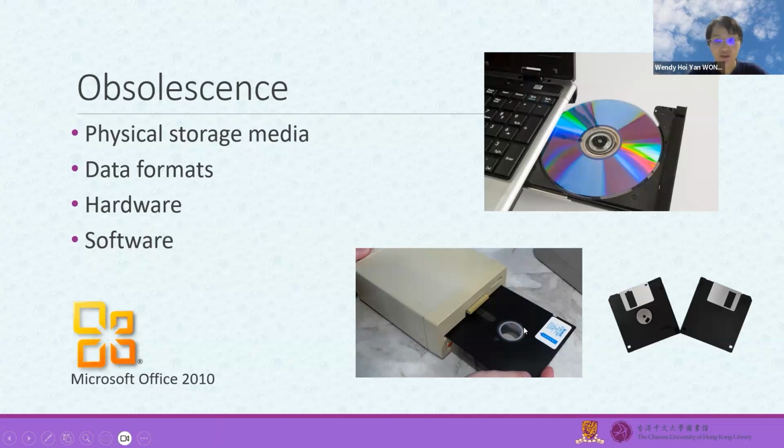Floppy disks appeared around 20 to 30 years ago. CD-ROM is closer to this year, but it's still not easy to find a drive to read the data CD-ROM or DVD.